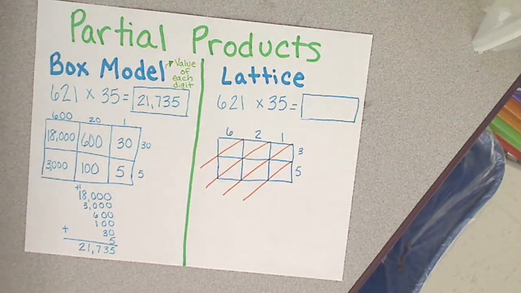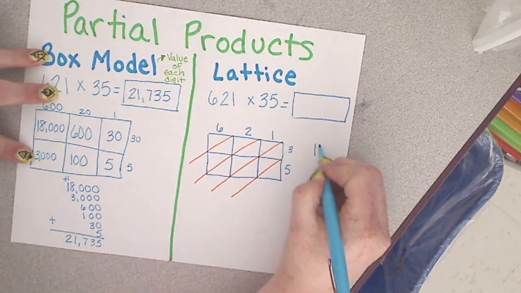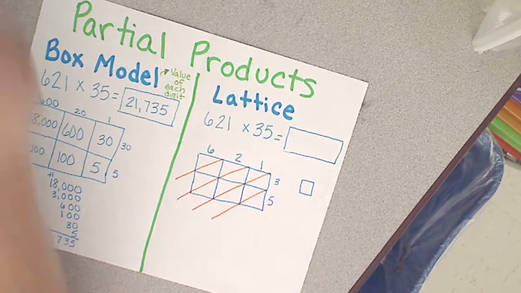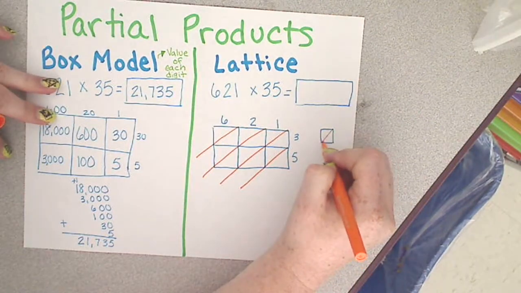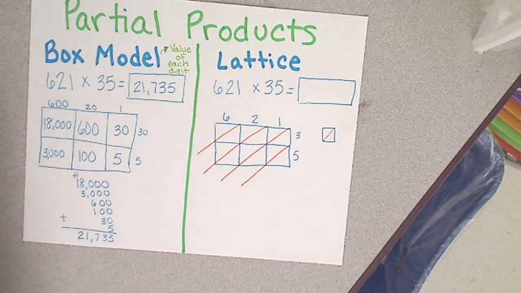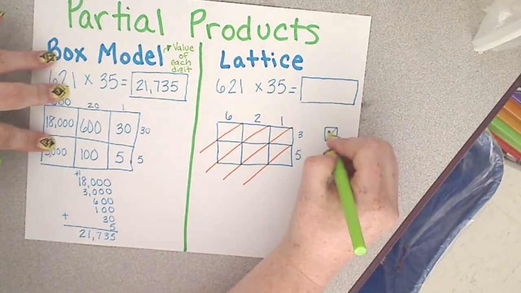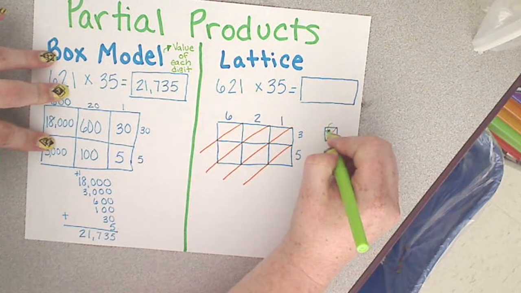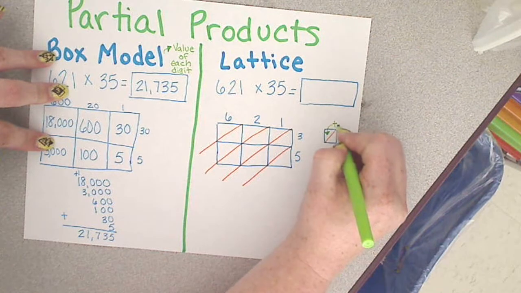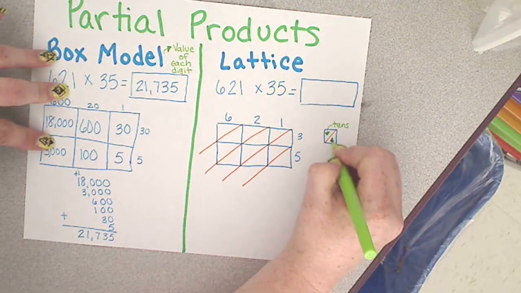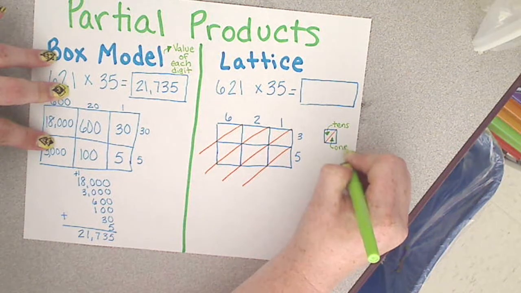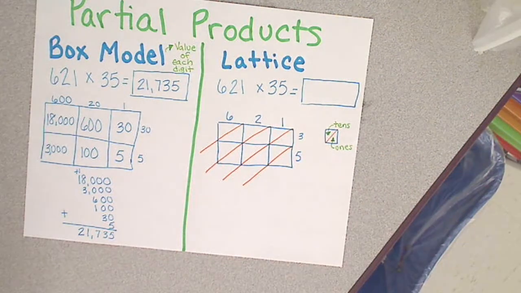And the one biggest thing you have to remember is in each box, when it's split, the number in the top portion of the box is going to be the tens place, and the number that goes in the bottom of it is going to be the ones. Okay, and you'll see what I mean here in just a second.